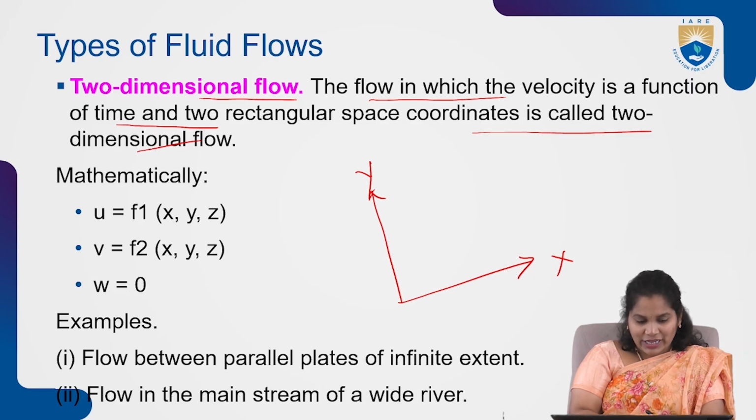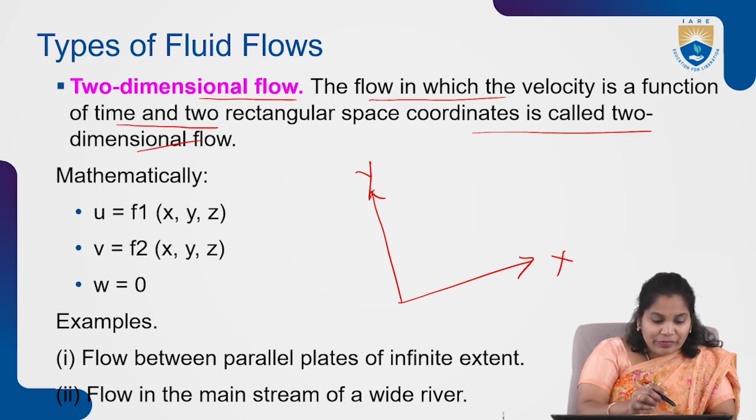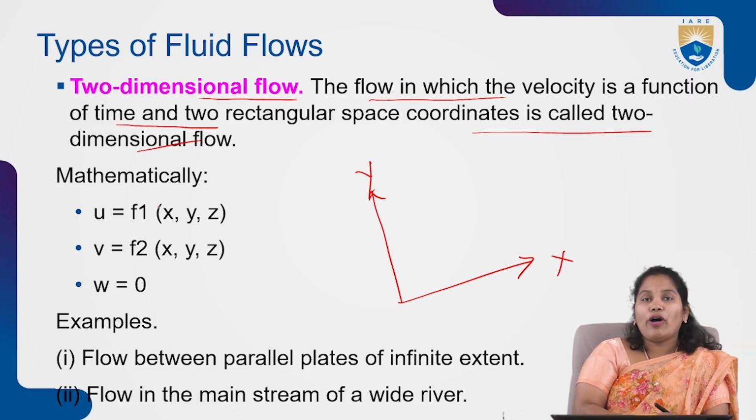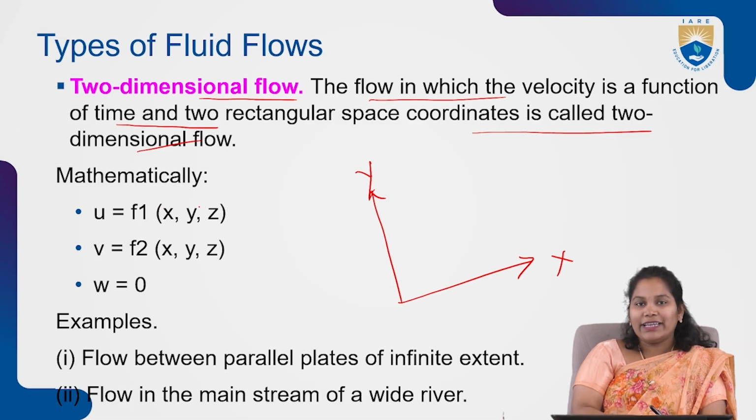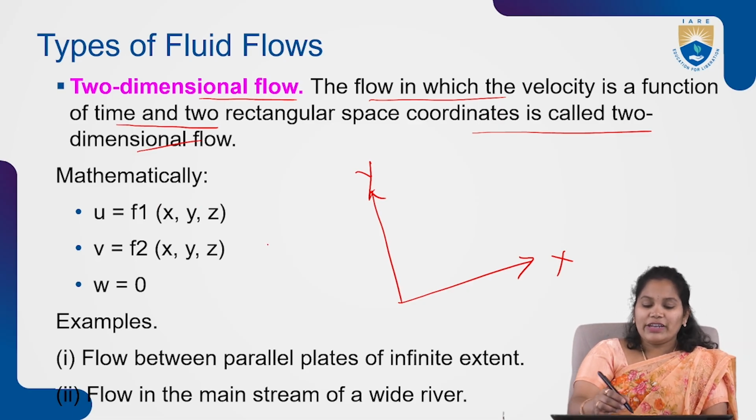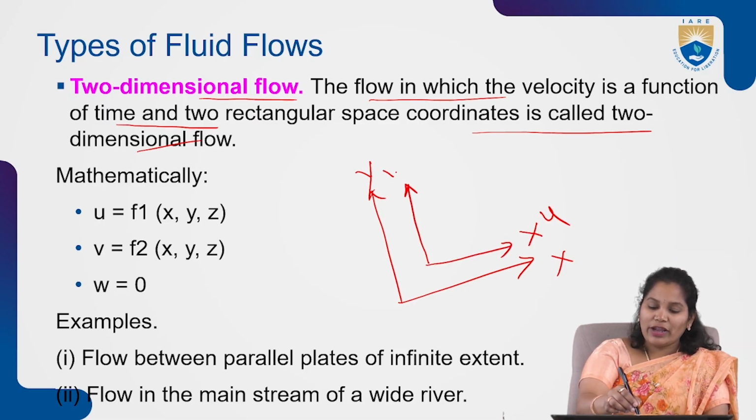Mathematically, this is written as u is equal to f1 of x, y, z and v is f2 of x, y, z. This is u in the x space and v in the y coordinate.